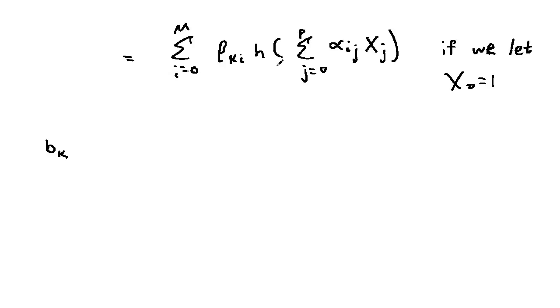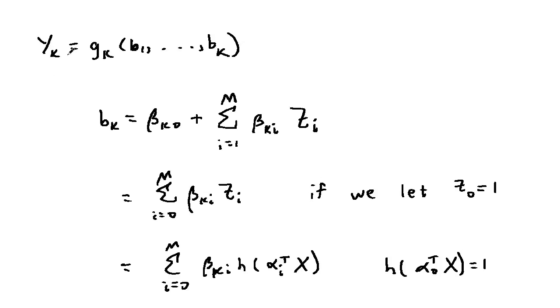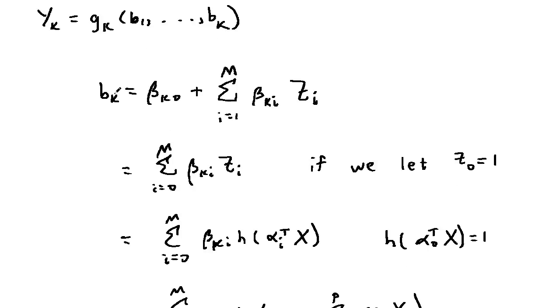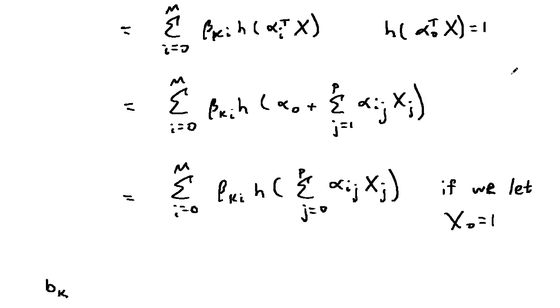We're then taking linear combinations of z1 to zm and of the bias unit z0 and applying the activation function g sub k to the collection of all of them to get y sub k. So here we have y sub k is g sub k of b1 to bK, where b sub k is given by what we just found here.